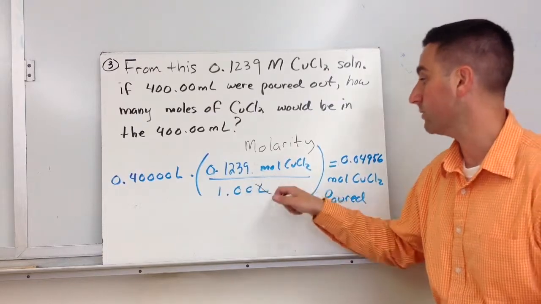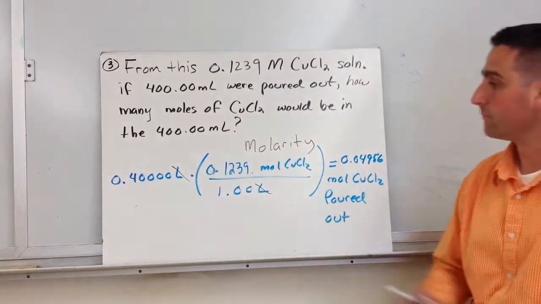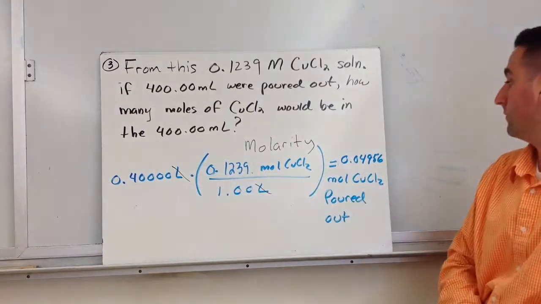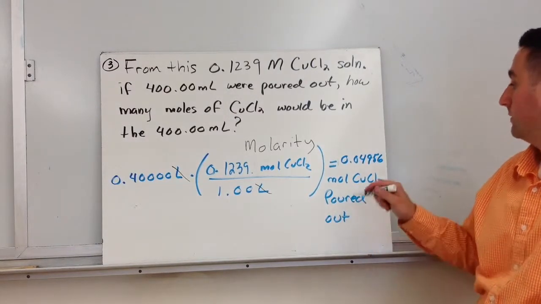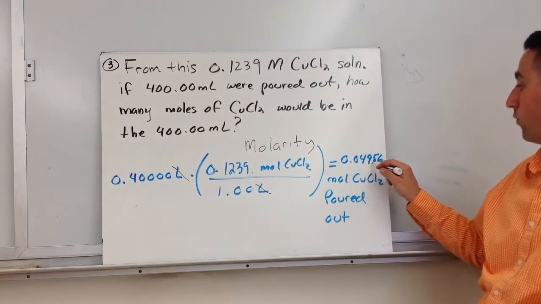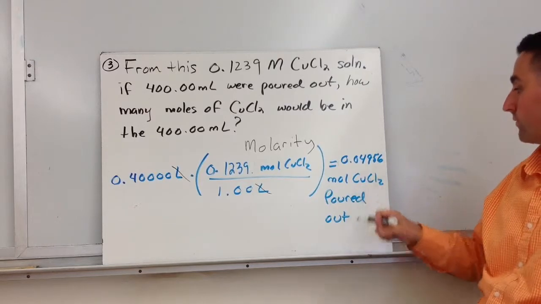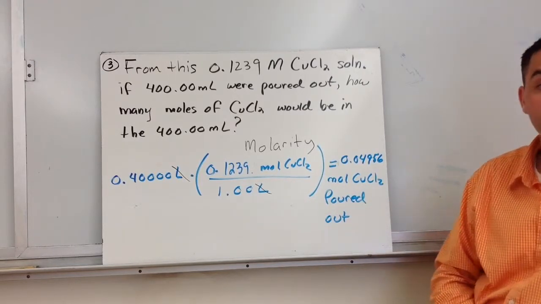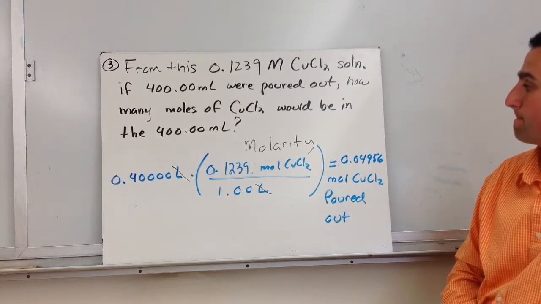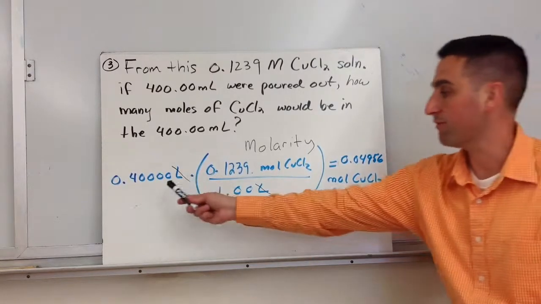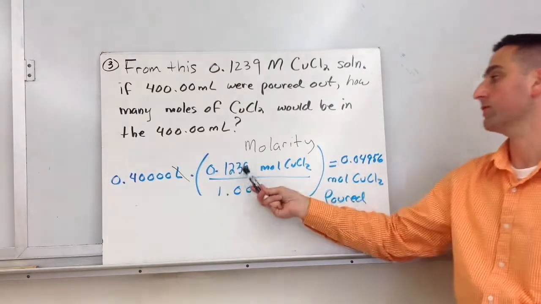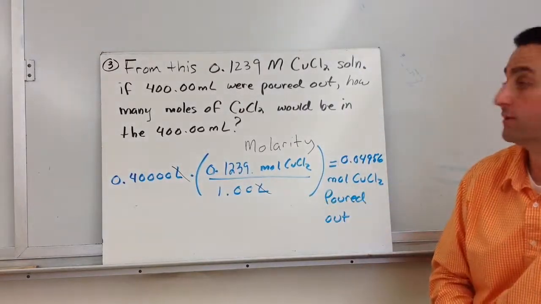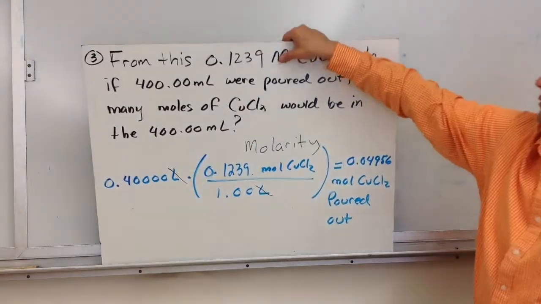So my liters cancel. 0.4 times 0.12, and we get 0.04956 moles of copper 2 chloride is poured out. Taking my volume that I poured and just simply multiplying it by my concentration. It's a nice little trick that we can use here.